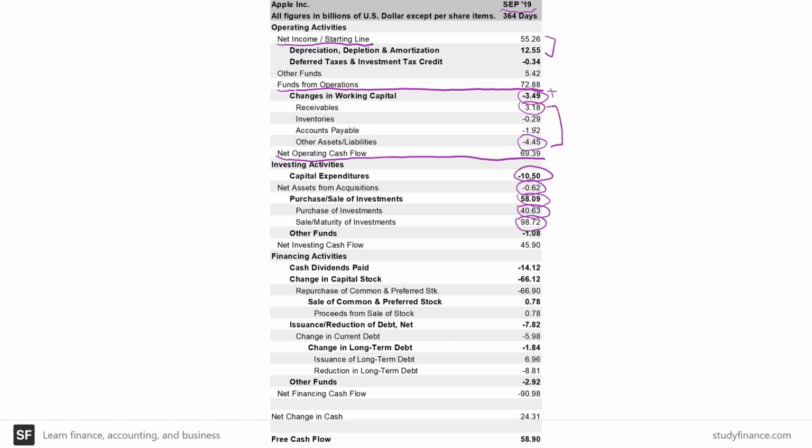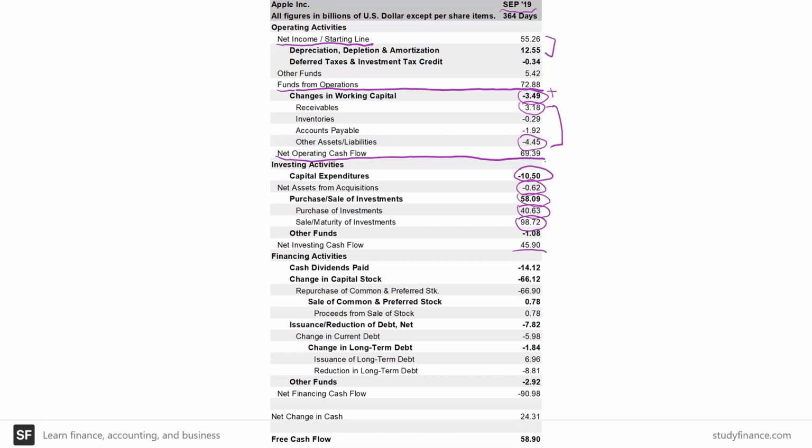So ultimately, cash from investing activities results in a cash inflow of $45.9 billion.